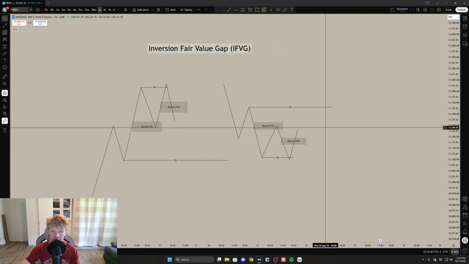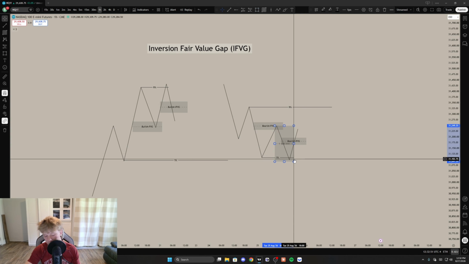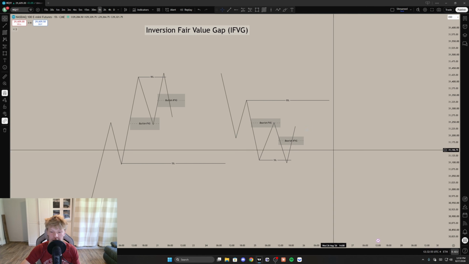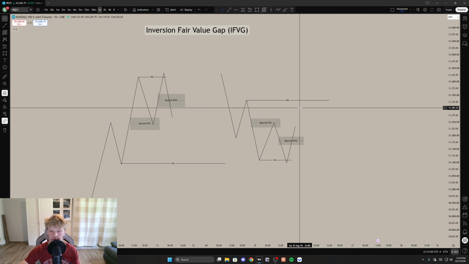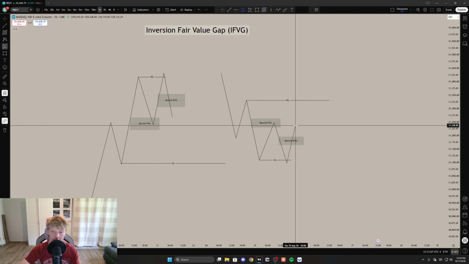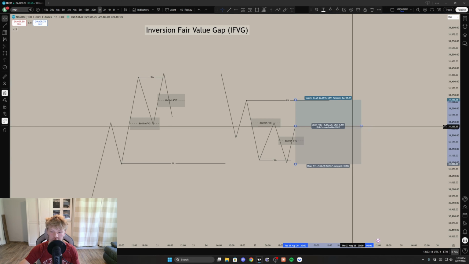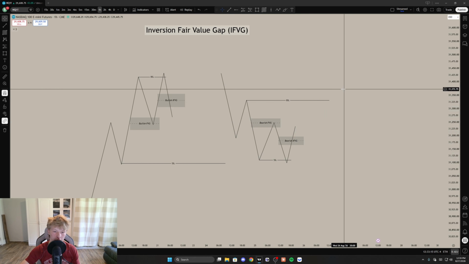And on the structural leg that created the lower low, we get an inversion of the bearish fair value gap, an inverse fair value gap, which is a body close past the fair value gap box that you drew out. Make sure you're practicing fair value gaps, how to properly draw them out before you worry about inversions. But this could be a sign that market is going to be delivering on an agreed upon draw on liquidity of buy side liquidity. Okay. So that's how inversions work.